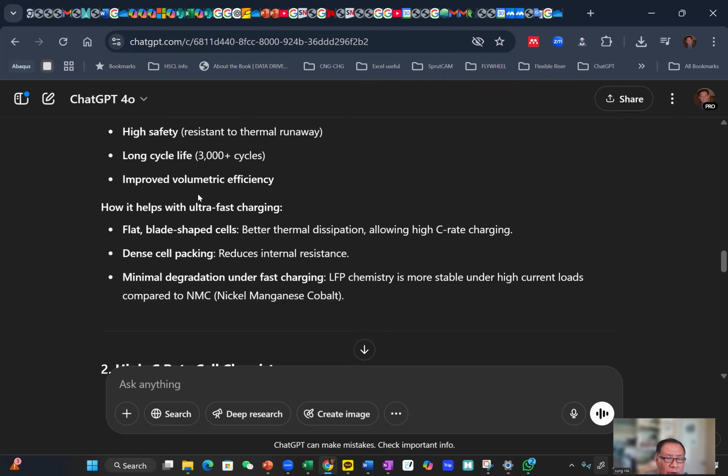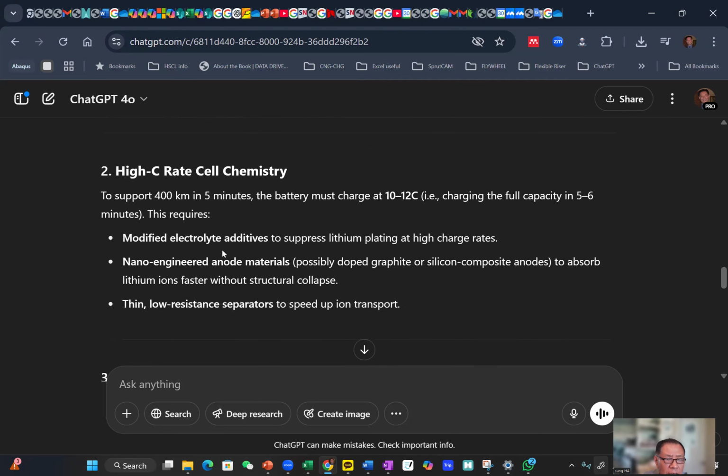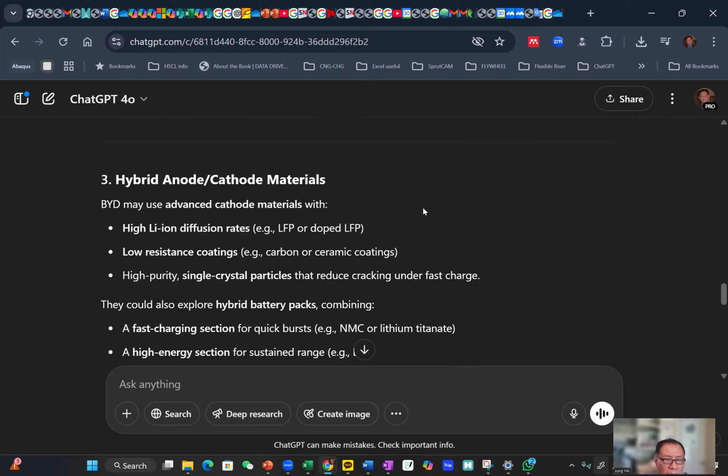So to improve the volumetric efficiency: ultra fast, blade shaped, high C rate, and important hybrid anode and cathode materials. BYD used the advanced cathode.